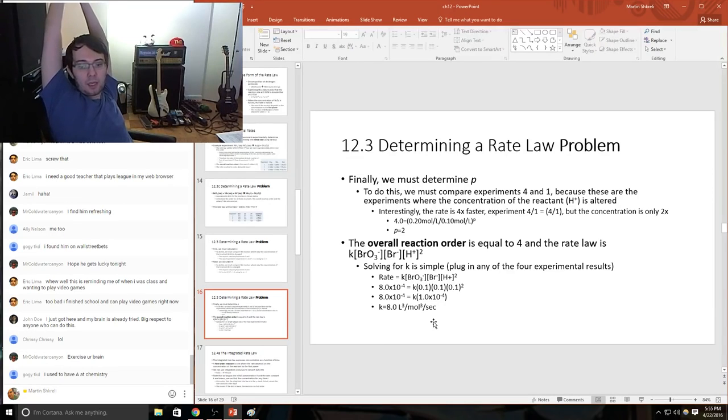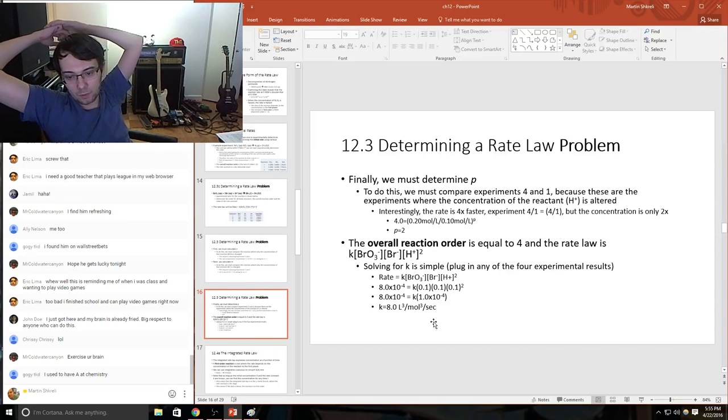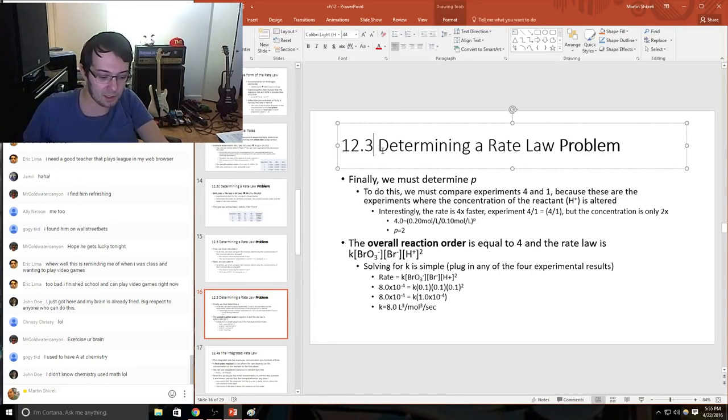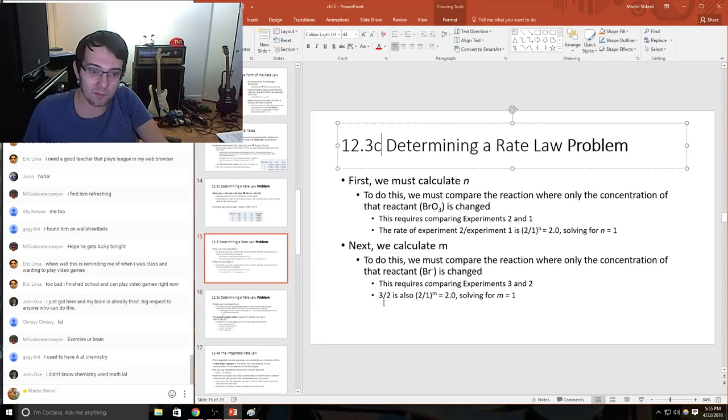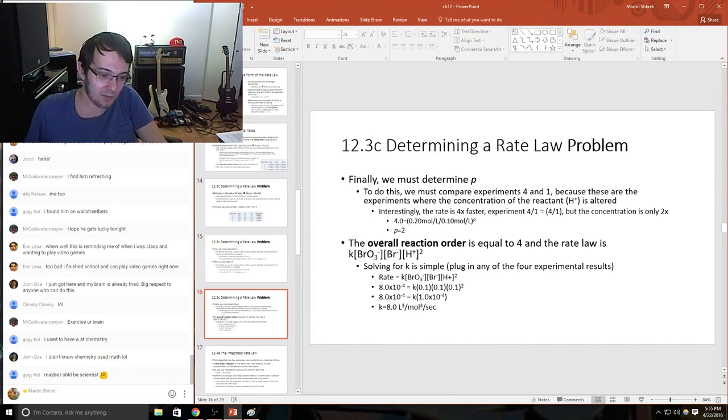And so for any concentrations, we can determine the rate that way, which is really cool. That's how powerful this method is. And if you're making vats of ammonia or fertilizer or plastic, this stuff is really important.